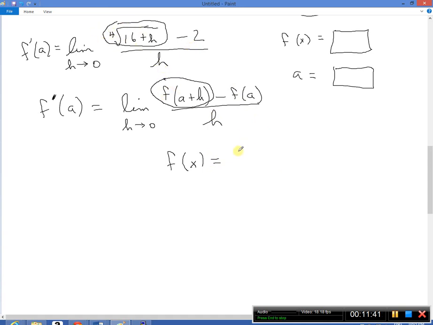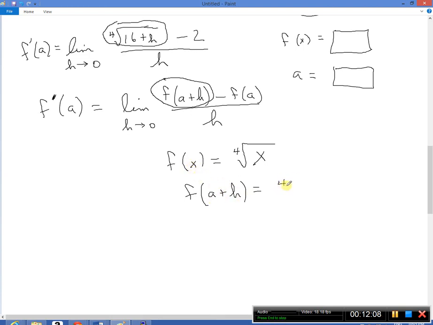Well, it looks to me like you've got to have a fourth root in the problem somewhere. And furthermore, it's f of a plus h that's this thing. So maybe it's just the fourth root of x. Let's just see what happens if you do that. What if f of x is the fourth root of x, what would f of a plus h mean? Well, for a function, you just replace x by whatever you're plugging in.